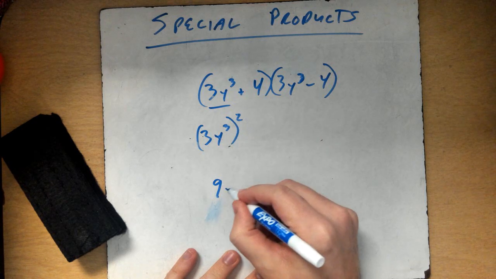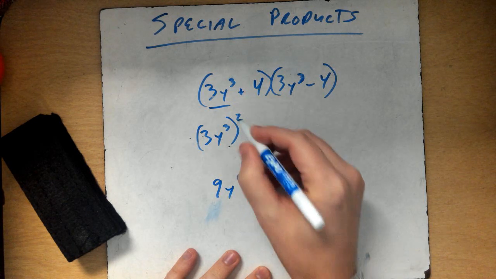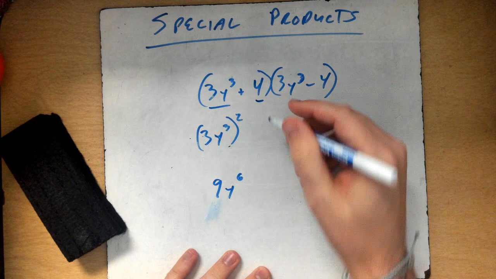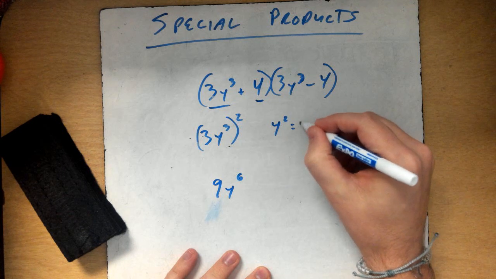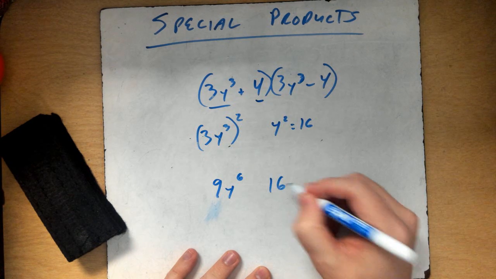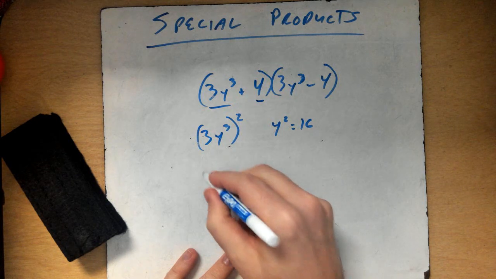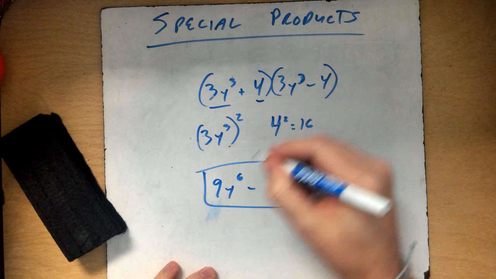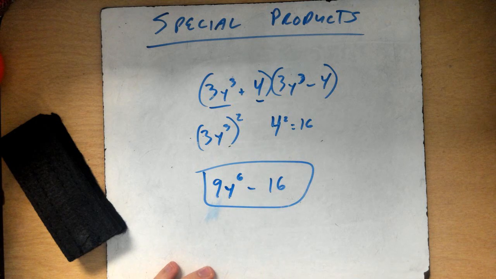So 3 times 2 is y to the 6th. So 9y to the 6th. Now square the second term. 4 squared equals 16. 16, minus in the middle. Boom. Simple.